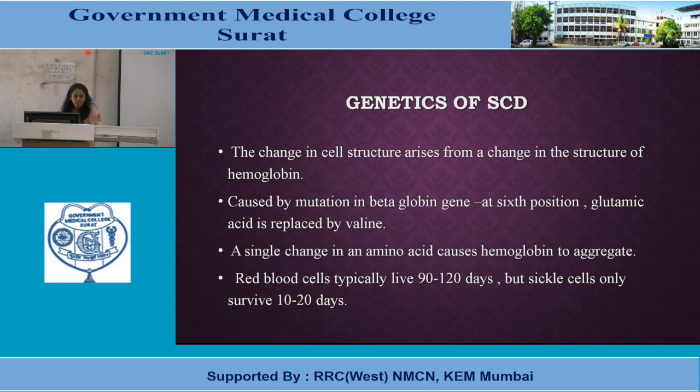So a single change in an amino acid causes the hemoglobin to aggregate. Red blood cells typically live 90 to 120 days normally, but sickle cells only survive 10 to 20 days. So that's why it causes anemia, because the lifespan of the RBC is very short.